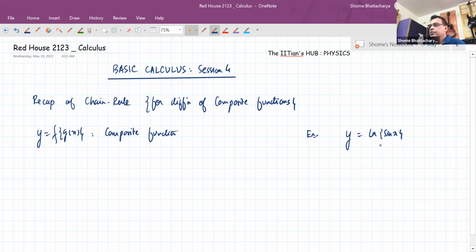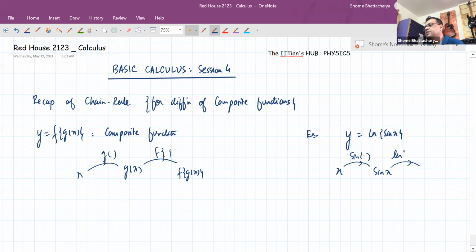How this is a composite function is because on x we first operate g, get g of x, and on that we operate f, to get f of g of x. So in this example, on x we have first operated the sine function to get sin x, and then on that we have operated the natural log function to get natural log of sin x.